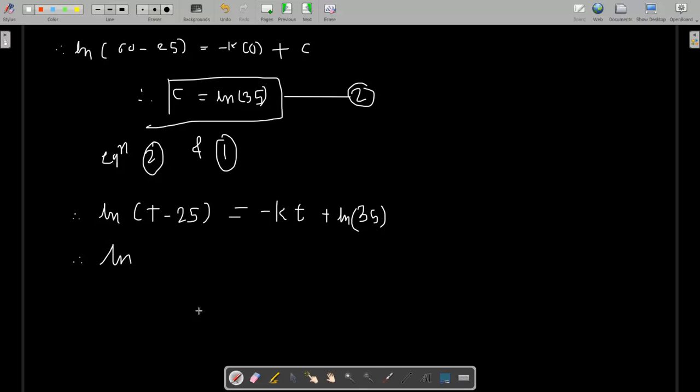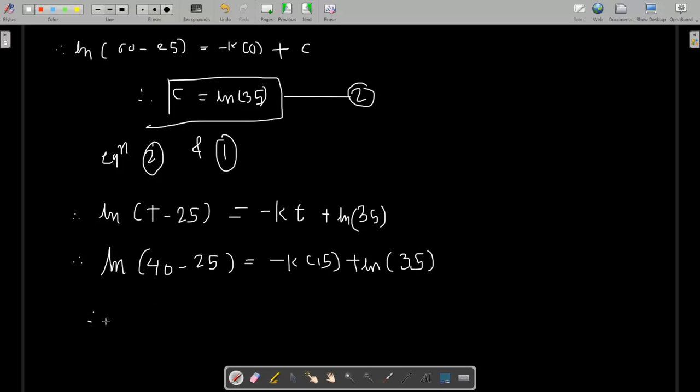Now use the second boundary condition. At that time the temperature is 40 degrees Celsius minus 25, so ln of 15 is equal to minus k into 15 minutes plus ln 35.